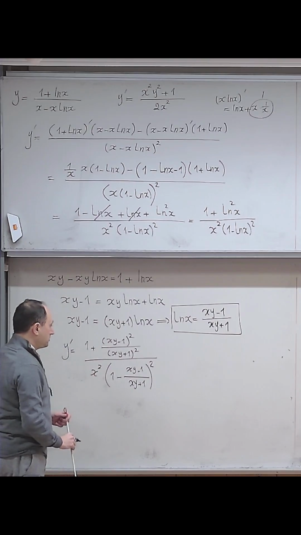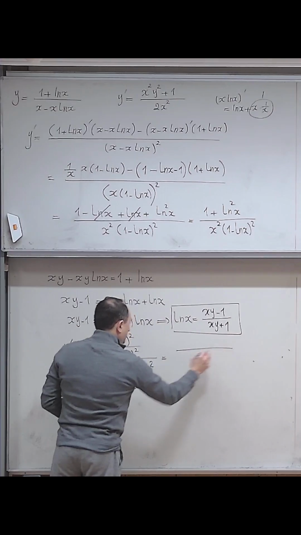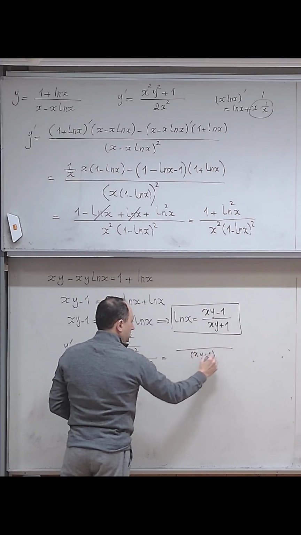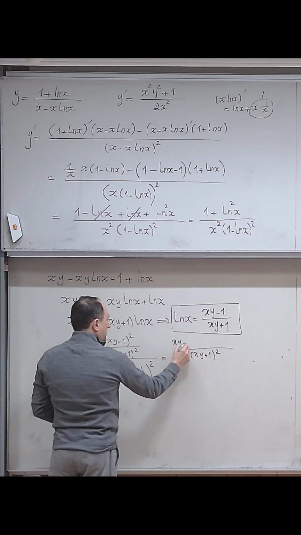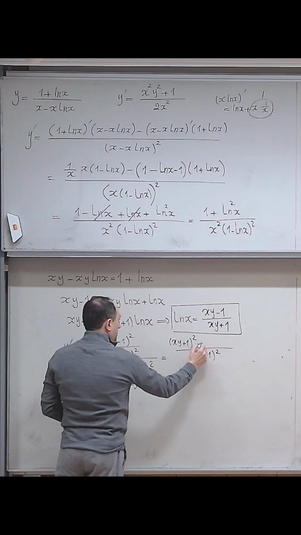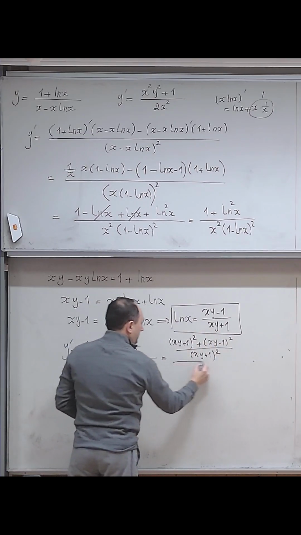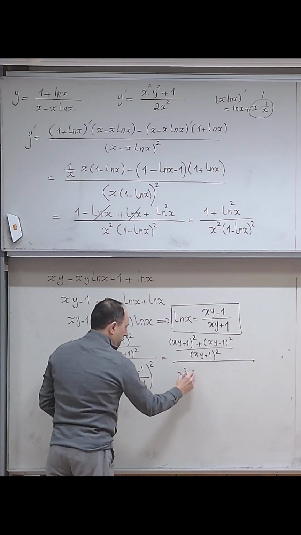But this is very simple, you know. For example, if I take the common denominator here, in the numerator it is xy plus 1 squared, and then this will go here, so this becomes xy plus 1 squared plus xy minus 1 squared. This is the numerator. And the denominator is also simple, but let me keep this x squared there.